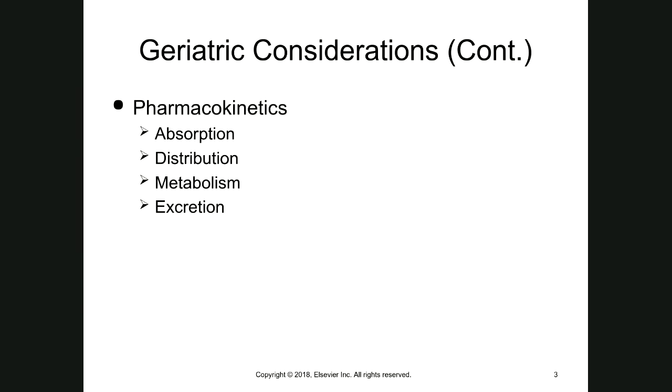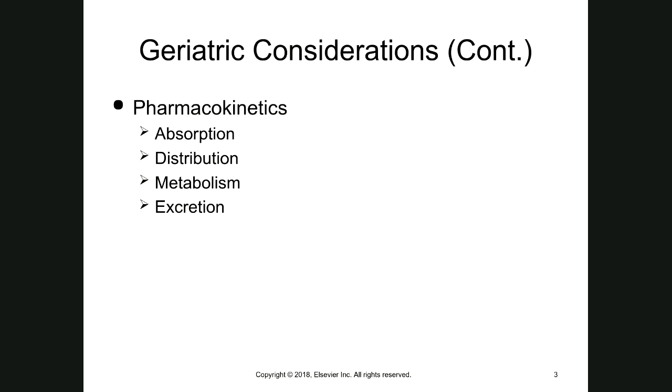Here in this slide, administering drugs in the older population requires special attention to age-related factors that influence absorption, distribution, metabolism, and excretion. Drug dosages could be adjusted according to the older person's weight.